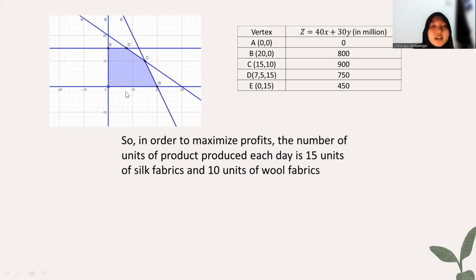Actually we can graph it, not just with GeoGebra, but in the manual way. So we can determine the vertices the same as before, like A 0,0, B 20,0, C 15,10, D 7.5 and 15, and E 0,15.